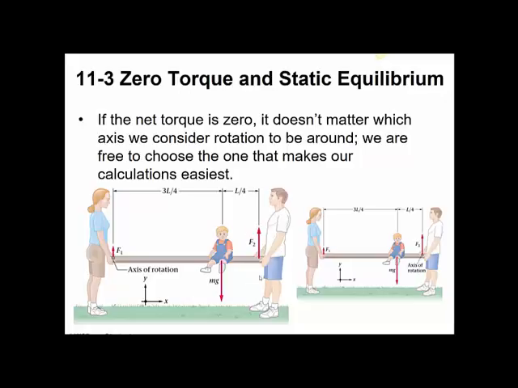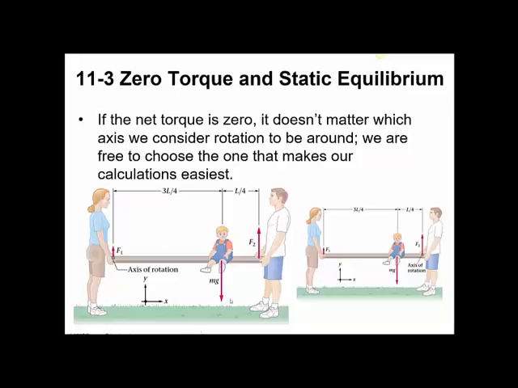And the force that he's holding upward has to be such that when you multiply it by the total length here, the force he's lifting with balances the little kid's torque.